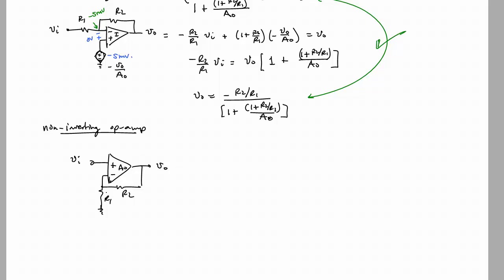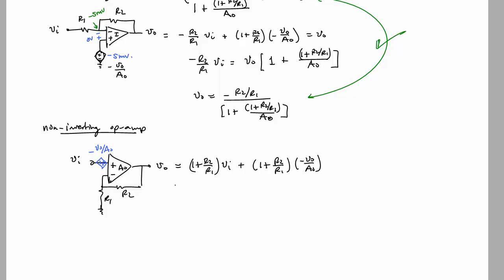So again, I'm not going to redraw this, but we would have a voltage source right here. We'll have a voltage source, plus minus, this will be minus VO over A naught. That will be in series with VI. So we just use superposition. We have 1 plus R2 over R1 VI, and then when we turn off VI, we have 1 plus R2 over R1, and then minus VO over A naught.